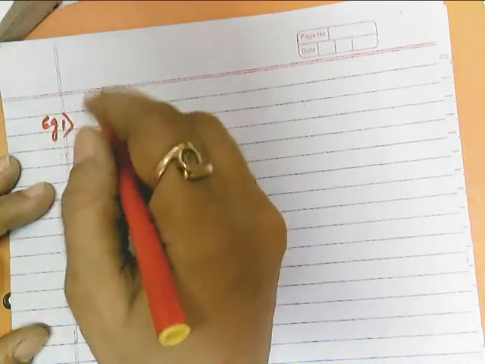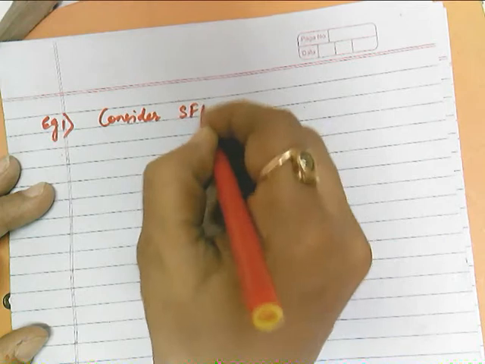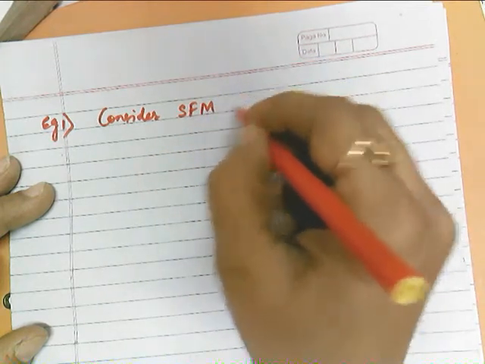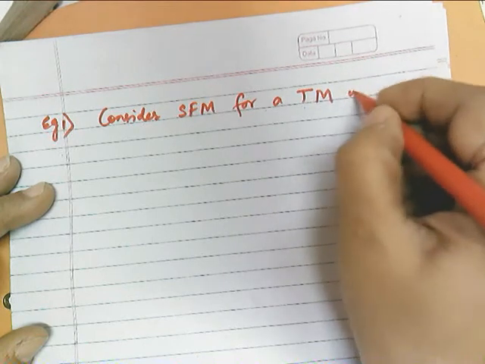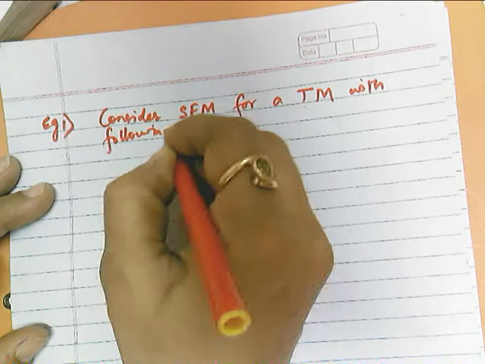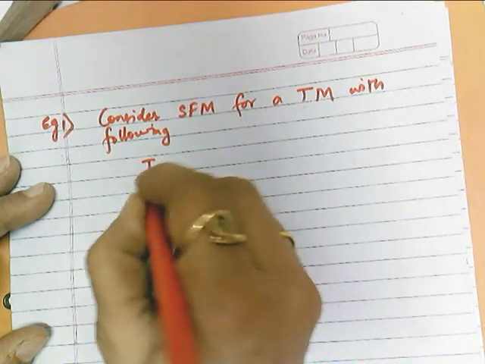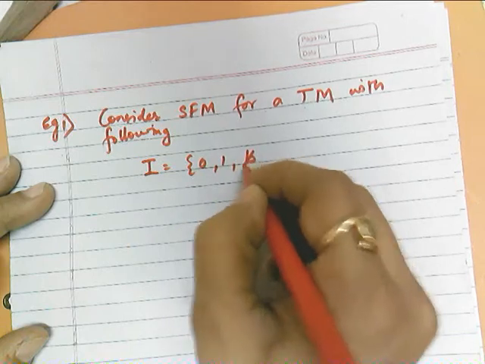Example 1: consider the SFM for a TM with the following: I is equal to 0, 1 and blank.